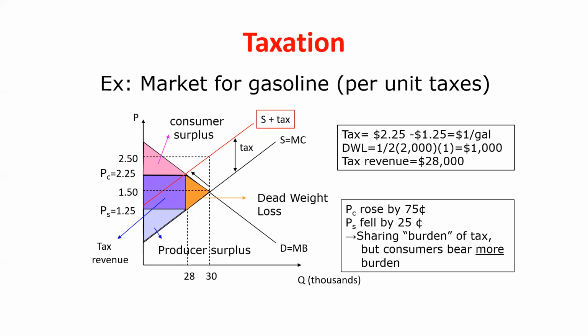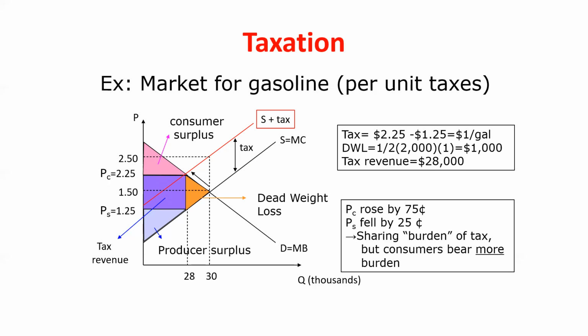Well, they're paying an additional 75 cents, whereas suppliers are keeping $1.25 as opposed to $1.50, so they're only keeping 25 cents less. So here, who bears more of the burden? Consumers, right? The increase they pay in the price is greater than the decrease in the amount that the seller got.